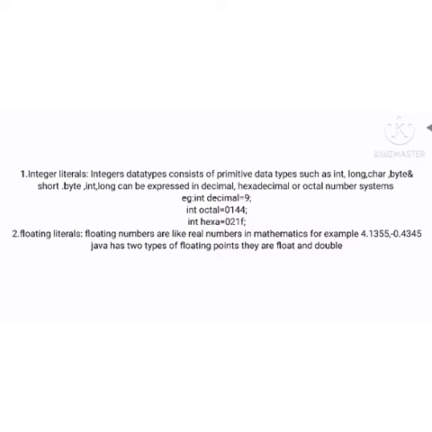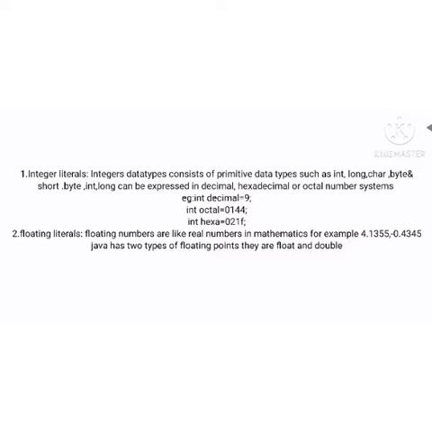Data types can consist of primitive data types such as int, long, char, byte and short. Here the byte, int, long can be expressed in decimal, hexadecimal or octal. Example, int decimal = 9, int octal = 0144, int hexa = 0121f.